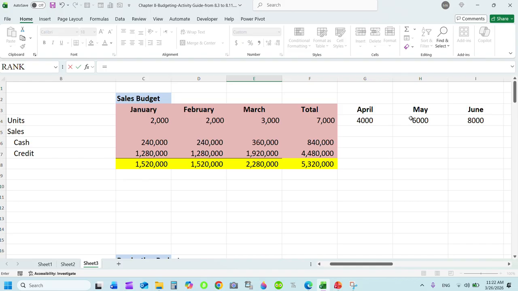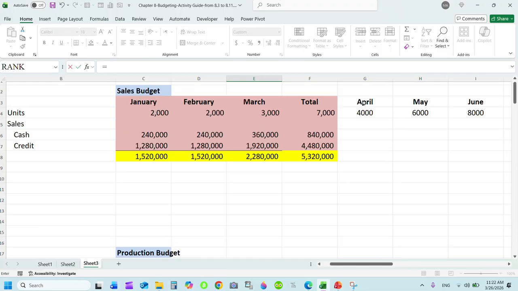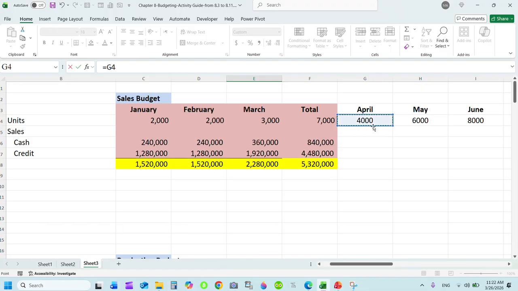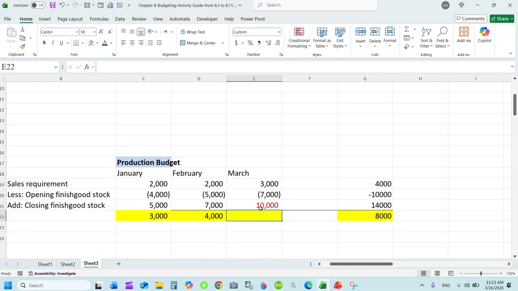Next 2 months sales requirement is 10,000. So accordingly, it is this plus this. So this is our closing finished goods.